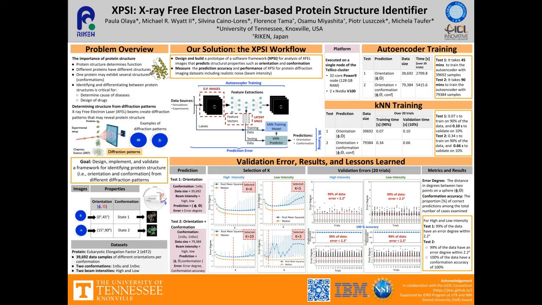The autoencoder captures key information and produces a tensor representation of each pattern. The new latent space is used to train and validate traditional machine learning models such as k-nearest neighbors. We use a KNN angle regressor for predicting the orientation and a KNN classifier for predicting different protein conformations.